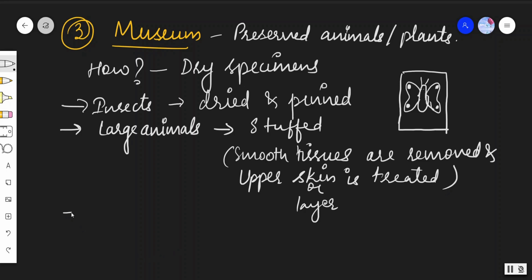And in a museum you can also see skeletons and fossils as well. Fossils of those organisms which are dead.